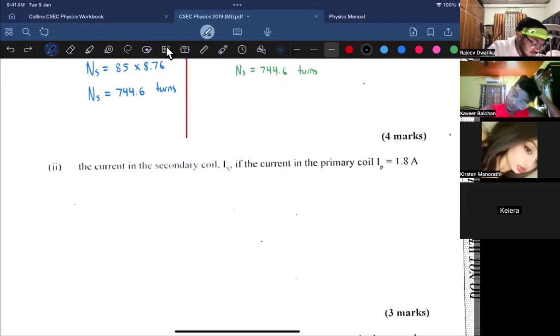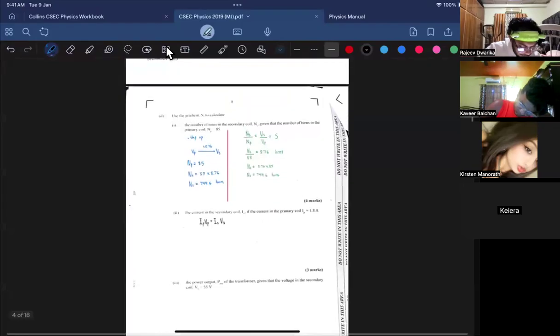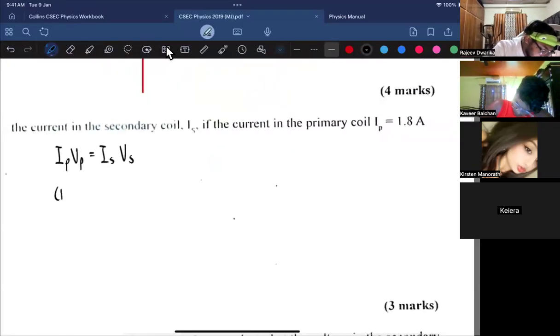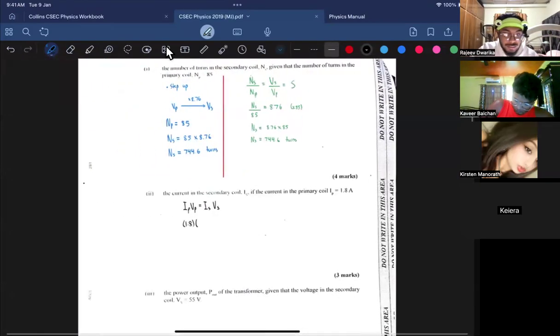Yeah, we could use that. So we know that the current in the primary is 1.8.